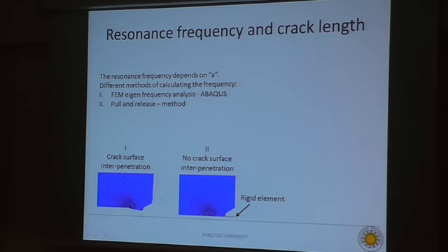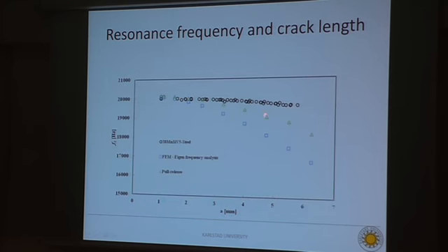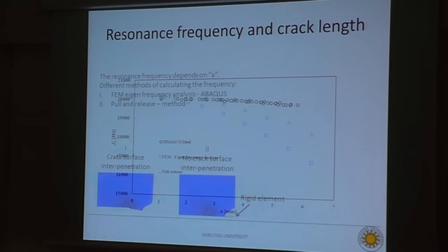What was good with this method is that it allows us to add things to the model, like a rigid element blocking the crack surface from penetrating. So we don't have any crack surface interpenetration for this model. The results from this one showed a slight increase in the frequencies, but still not quite there. There is still something missing to get up to the experimental result.